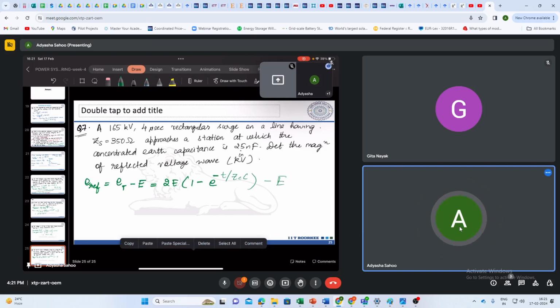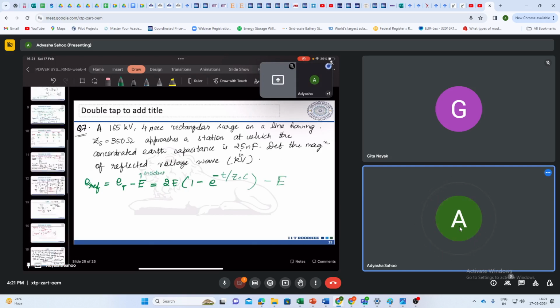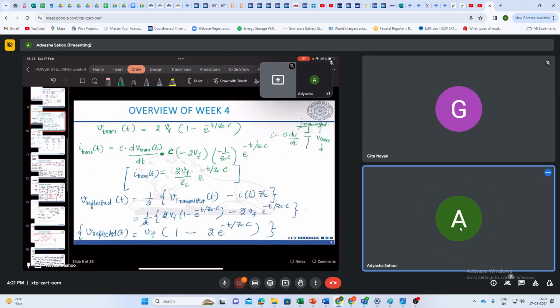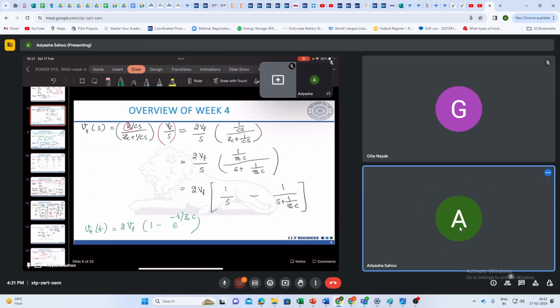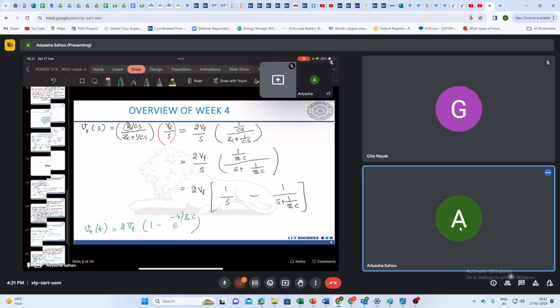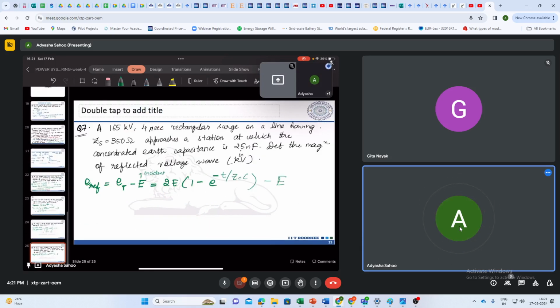So this is your incident, or V forward. Previously for cable we had derived it was 2VF times 1 minus e to the power minus t by ZC. So that formula also we had seen previously. Now we just need to put the values here. So the incident is 165 kV.